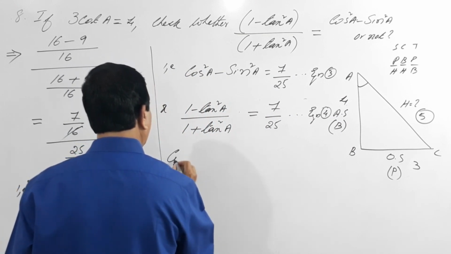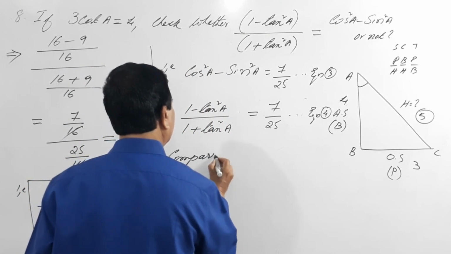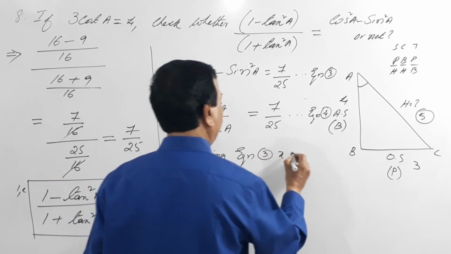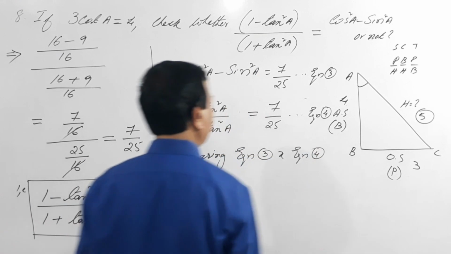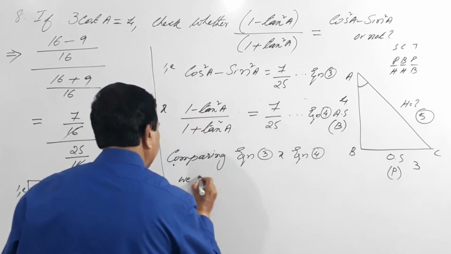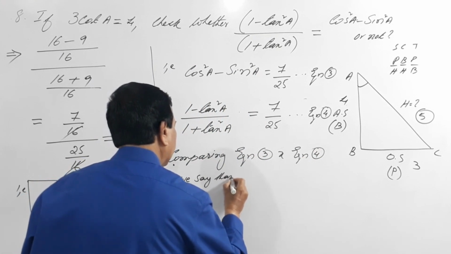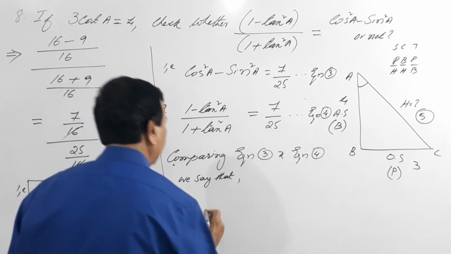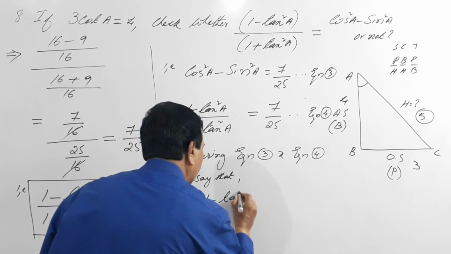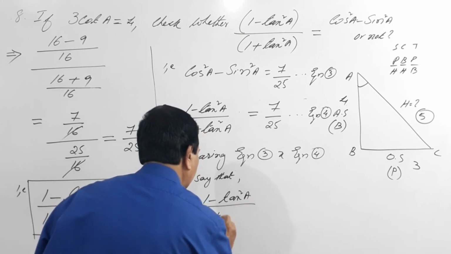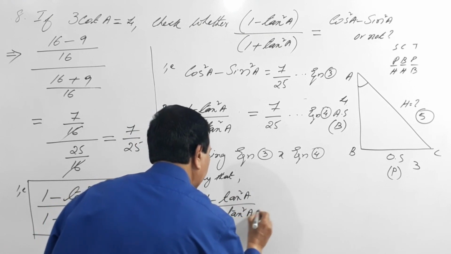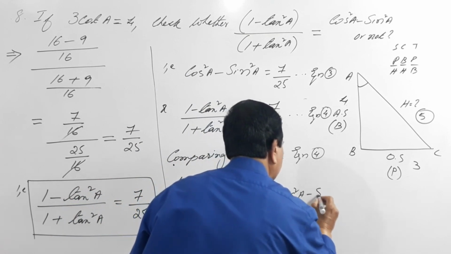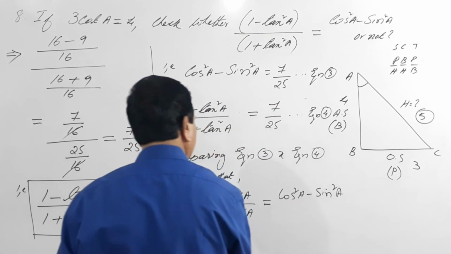Therefore, comparing equation 3 and equation 4, we say that 1 minus tan square A by 1 plus tan square A equals cos square A minus sin square A, hence proved.